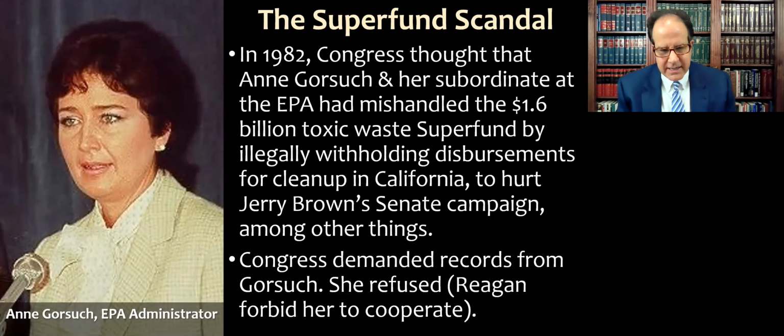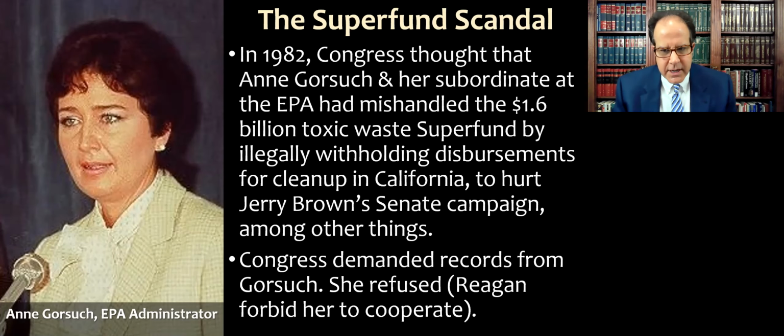Anne Gorsuch was the EPA administrator at the time, and she basically bragged to some friends on one or two occasions that she was withholding disbursements for cleanups in California, partly to stick it to California. She was a Republican and California is a Democratic state, but also specifically to hurt Jerry Brown's Senate campaign. He was somewhat earlier in his political career at that point, among other things.